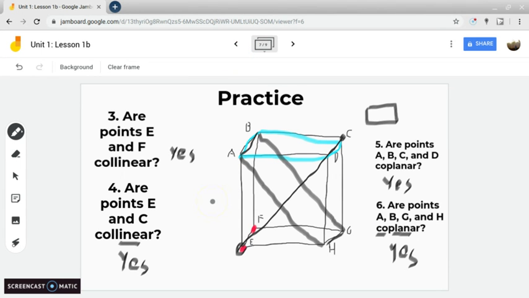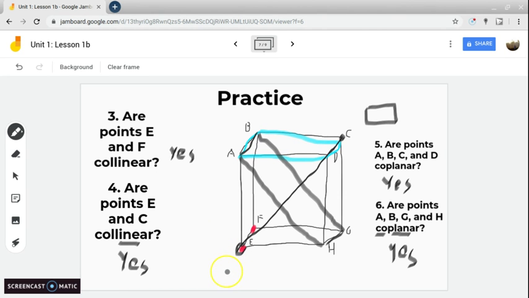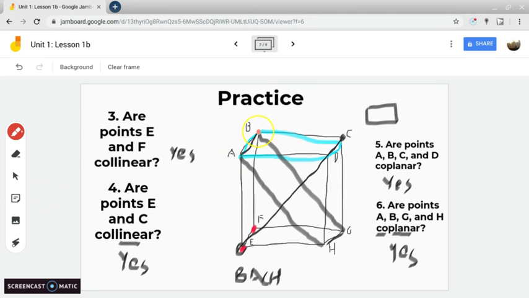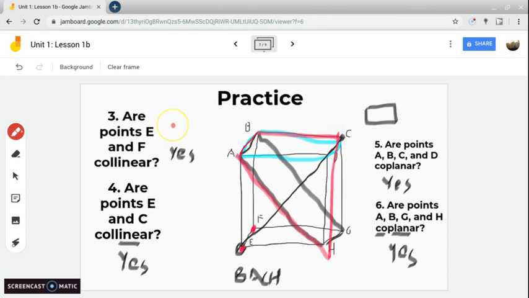And then non-coplanar would be points, let's see, if we had points B, A, C, H. Well, you know who Bach is? That's a music guy who's dead. Yeah. That just happens to be what it is. So Bach, BACH. Well, that's obviously not a plane. That's a weird diamond thingy. So that's an example of non-coplanar.